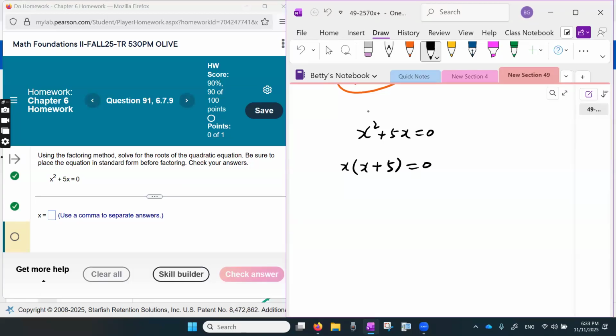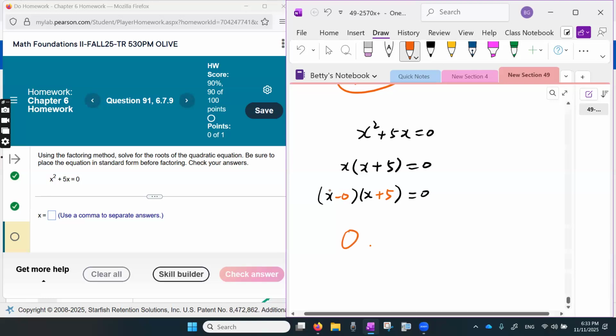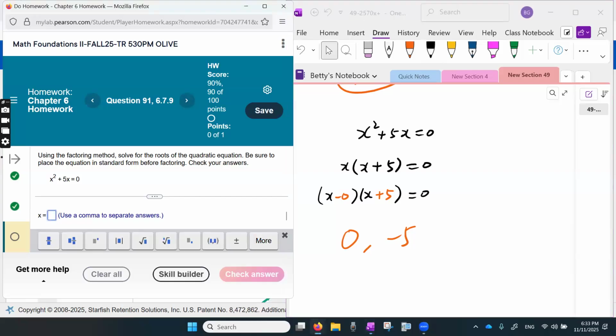I can write the left side as x minus 0 times x plus 5. We had this covered in the class, right? I can write x as x minus 0. And those two numbers in red, their opposites are 0 and negative 5. And those are the two solutions, 0 and negative 5.